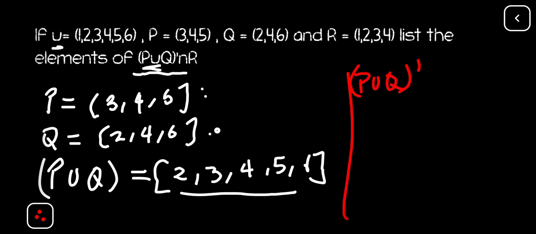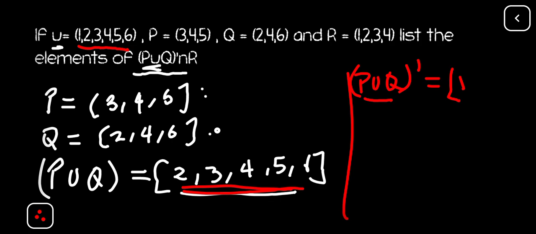So what is complement? Complement is any element in the universal set that is not in the set you're working on. So look at the universal set. We've gotten already P union Q, right? But we need the complement. So in the universal set, we have one there that is not here. So that is a complement.